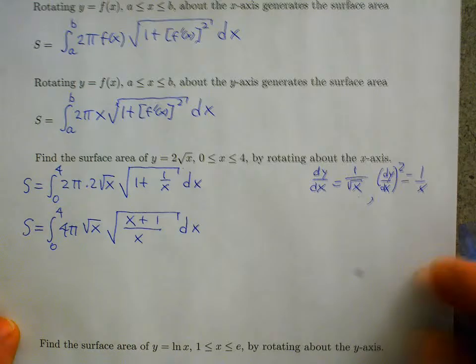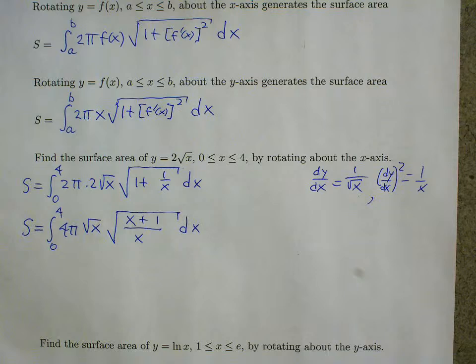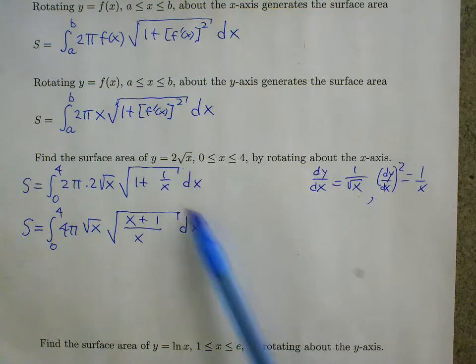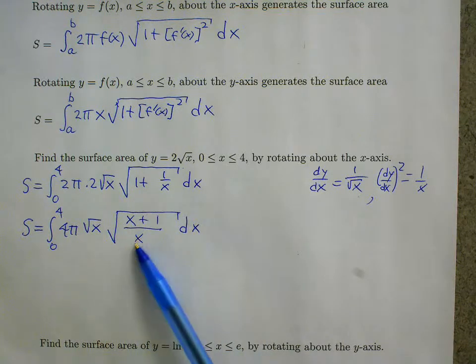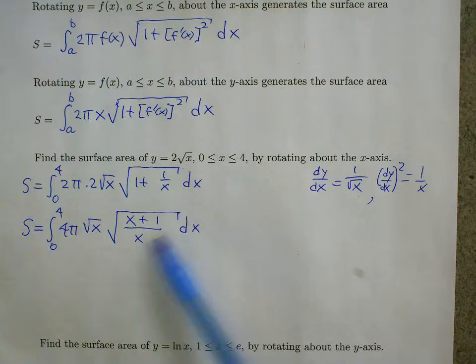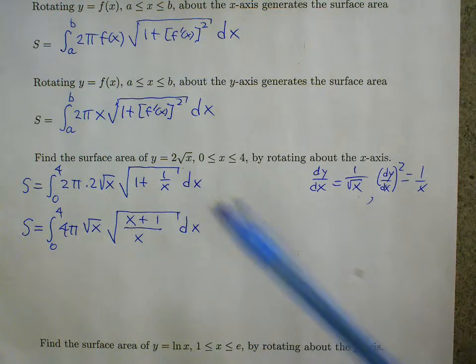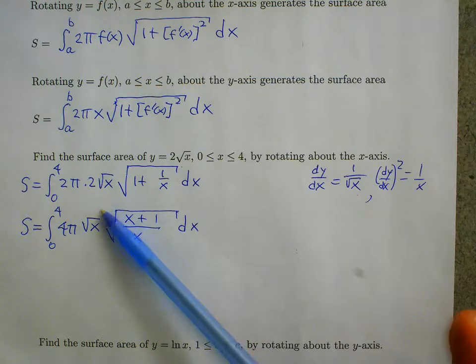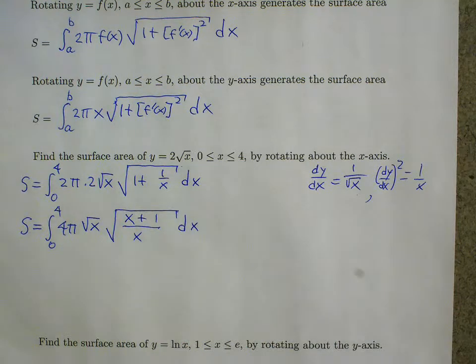Do you see what's going to happen next? I'm not going to write it all down, but if we were to rewrite the square root of (x plus 1) over x as the square root of x plus 1 over the square root of x, then the square root of x divided by the square root of x cancels.